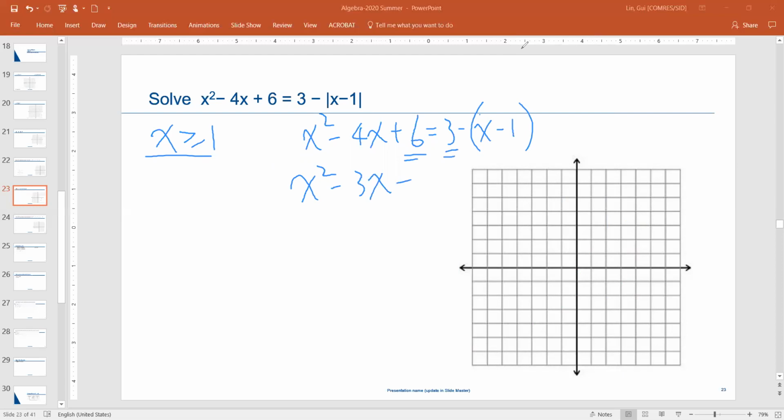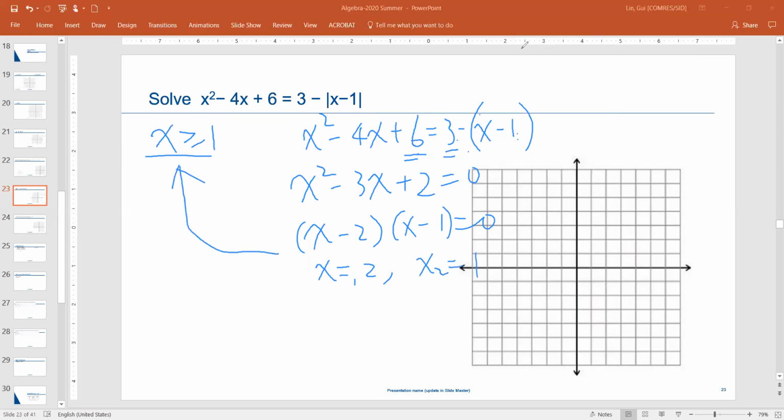So 6 minus 4 equals positive 2. So here x can be 2 and x can be 1, and both meet this condition. So this is the answer. One of them here, one of them here.